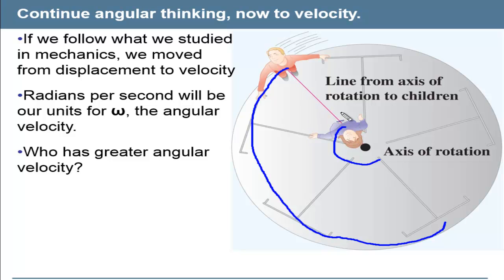They've both gone through 180 degrees. And as long as this is a rigid body, so that everything moves at the same time with each other, then the time it took him to go his 180 degrees would have been the same time it took her to go her 180 degrees. So the time would be the same, and the angular displacement would be the same. So the angular velocity is actually the same for both of these.